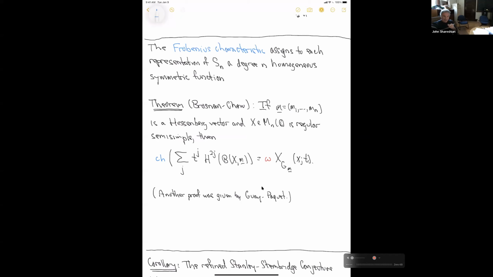And what it says is basically the only thing we should expect to be true given how the talk is going, which is that if I look at this dot representation and ask what symmetric function is assigned to it by the Frobenius characteristic, it's a graded representation, right? We have every cohomology group here. We're considering them one at a time.